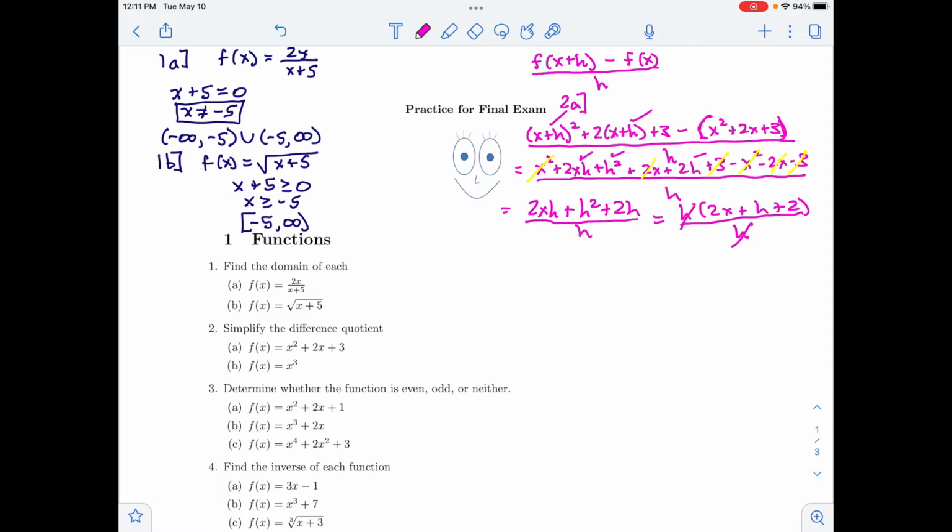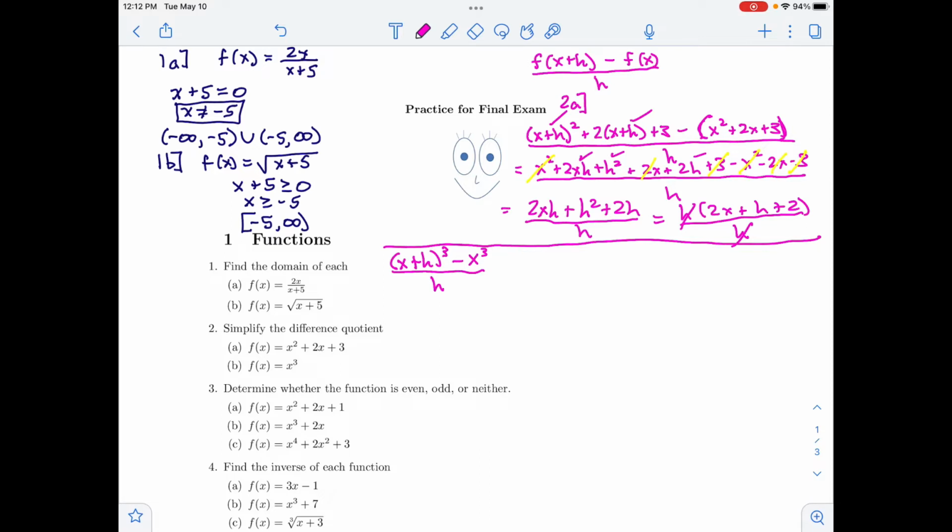Now there's another one here, part B, where the function is f of x equals x cubed. Okay, so let's look at that one. We have x plus h cubed minus x cubed over h.